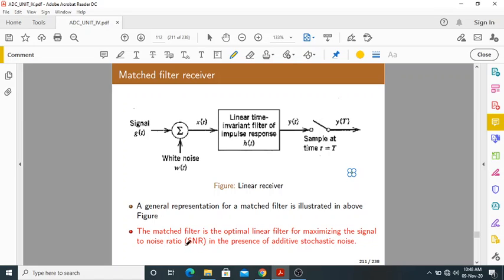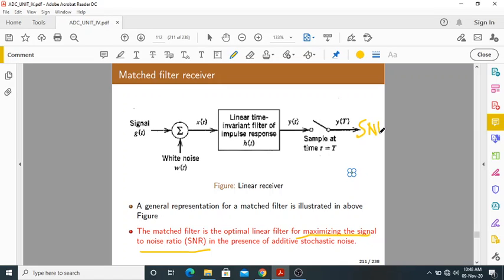Now, this is very, very important. This is called the matched filter. It is an optimum filter which maximizes SNR. Our job is to choose this impulse response such that at the output of this filter or this system we get maximum SNR.